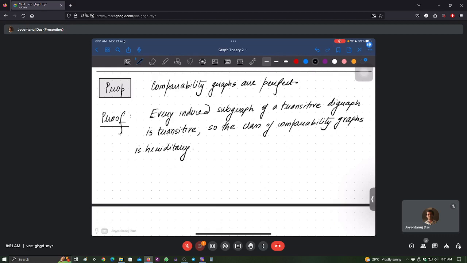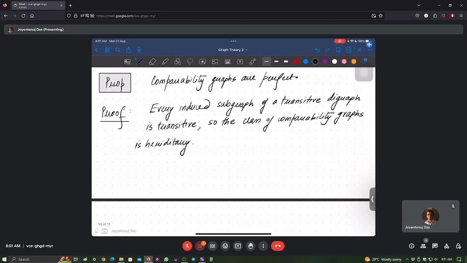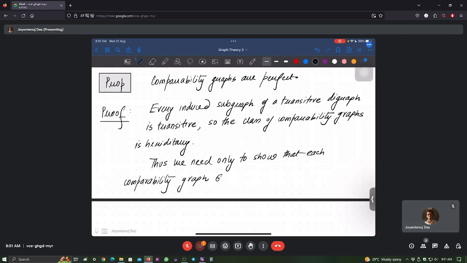So this is hereditary. Now we only need to show that the chromatic number is equal to the clique number. So we need to show that each comparability graph G is omega G colorable.